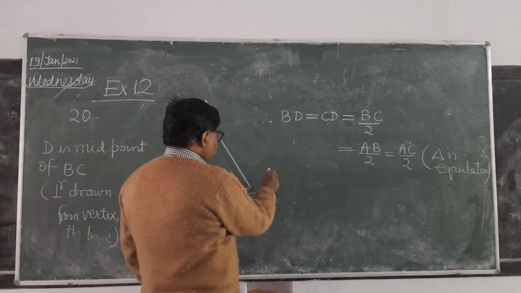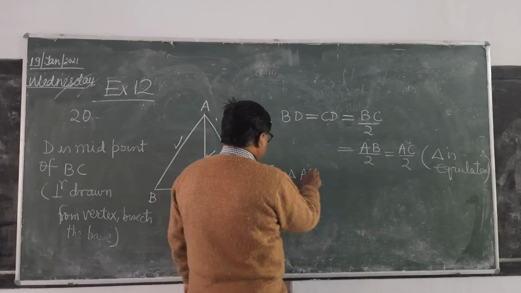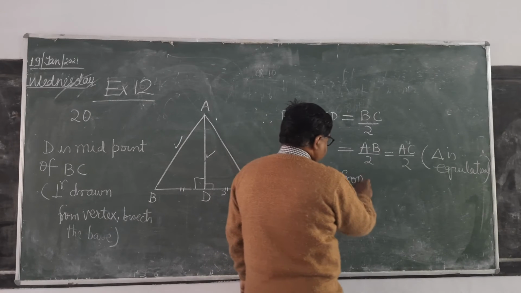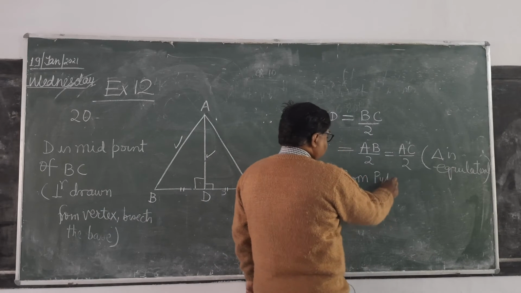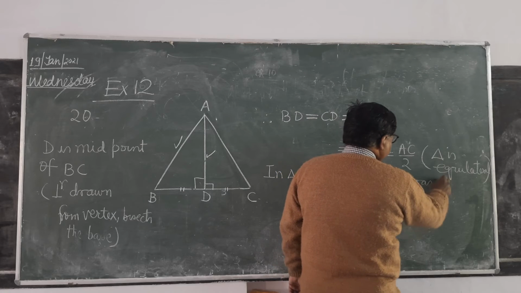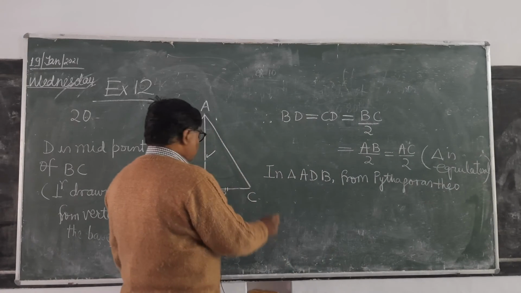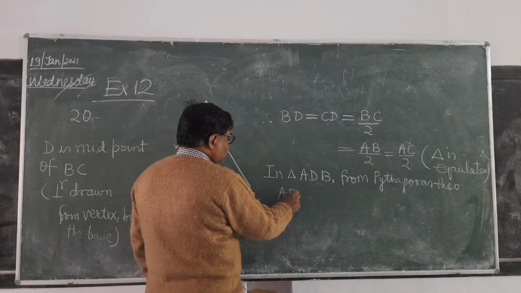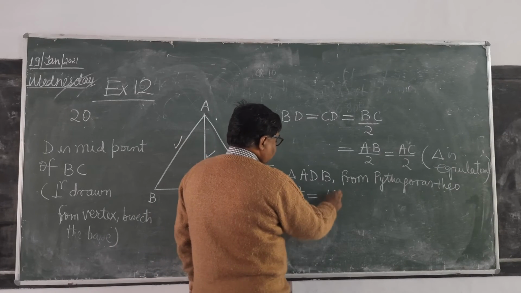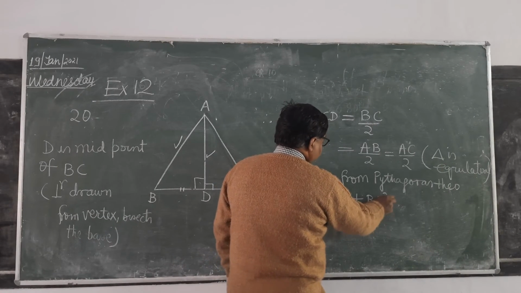So you write down, in triangle ADB, from Pythagoras theorem, AB square equals AD square plus BD square. It's clear.